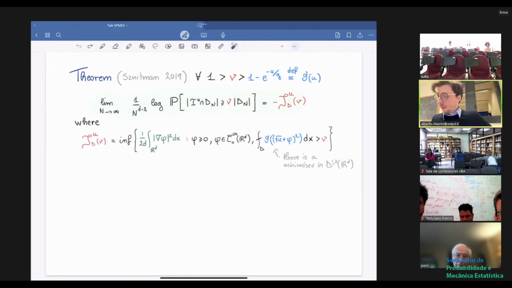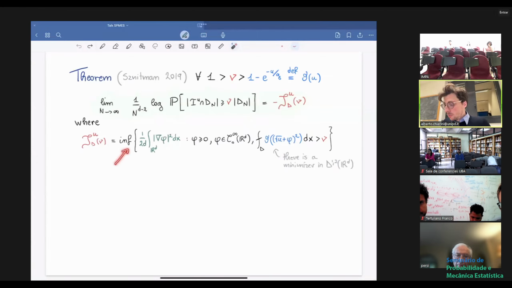And he showed that for all nu between theta_u, which I define like this, it's a function of the intensity, and 1, the probability that the interlacement set covers a fraction nu of points of a macroscopic body decays exponentially fast with a speed that is of capacity order, so it is N to the d minus 2, and with a rate which is given precisely by the following variational problem.